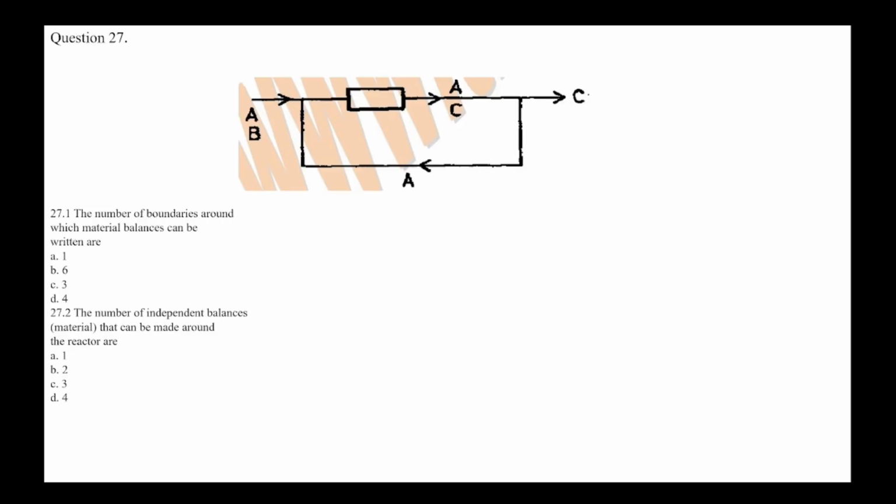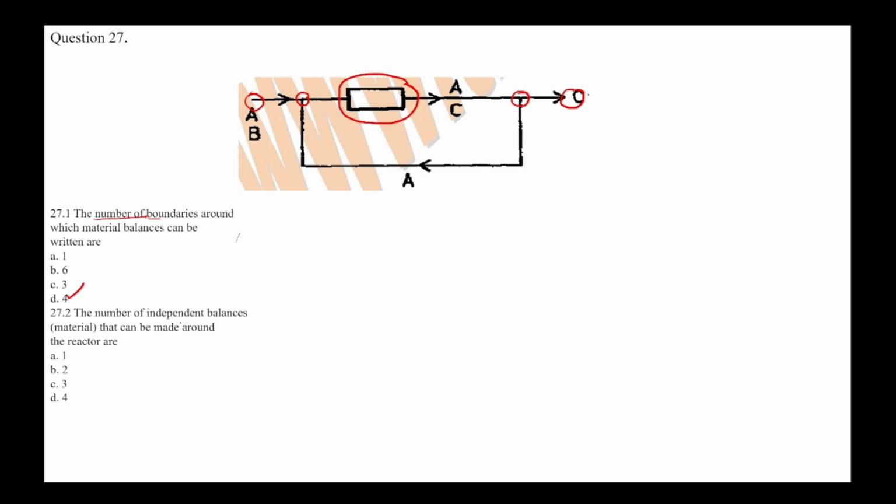Okay. Now the number of boundaries around which material balance can be written. So the very first thing, for material balance, one can be written here, second can be written here, third can be written around the reactor, and the fourth material balance will be overall feed and product. So the total number will be 4.